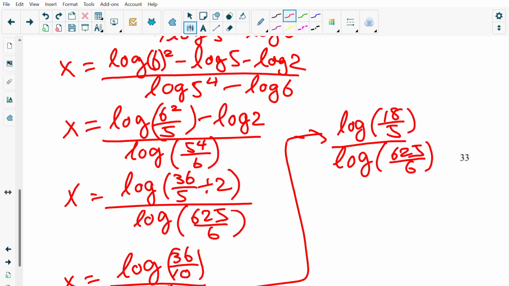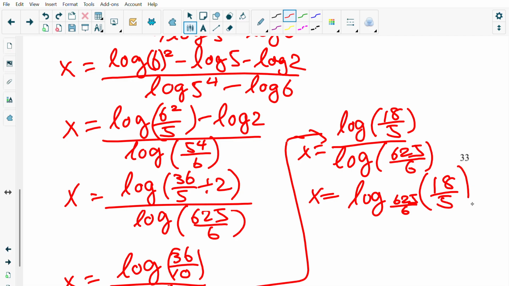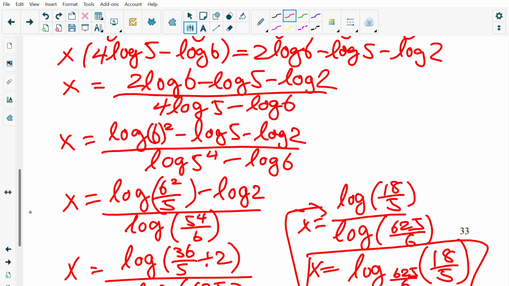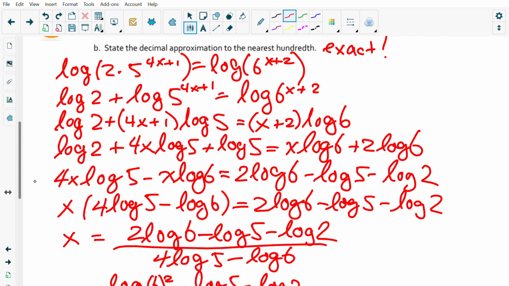What we can do here is let's use the change of base identity. I'm just thinking aloud here. Yep, change of base identity. Okay, that's x equals, the argument in the denominator becomes the new base, log base 625 sixths of 18 fifths.